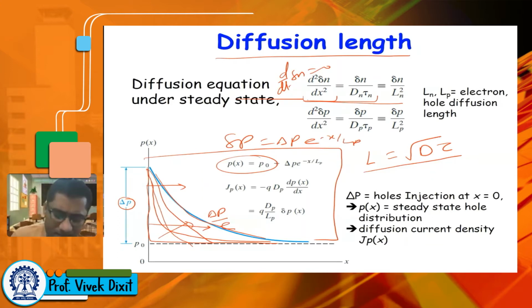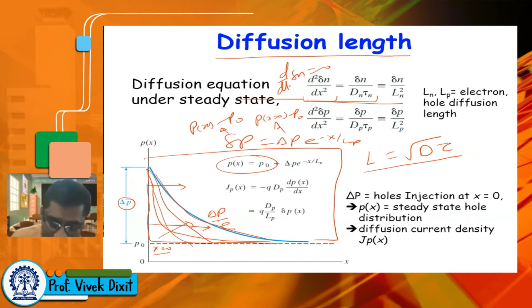So ΔP is basically p as a function of x minus p0, the background doping, right? And ΔP is basically p at x equal to 0 minus p0. So this is basically the amount of carriers that are injected at x equal to 0.